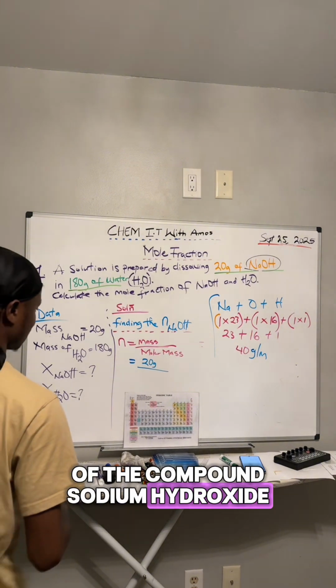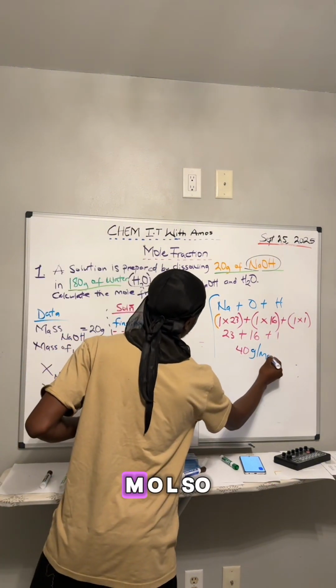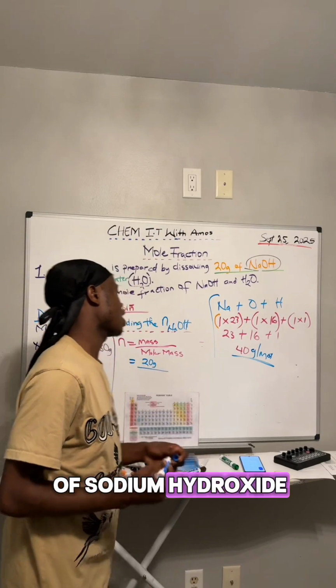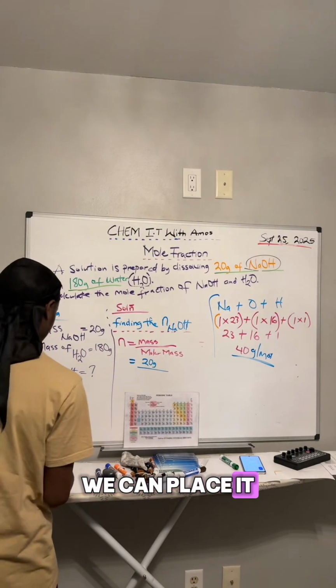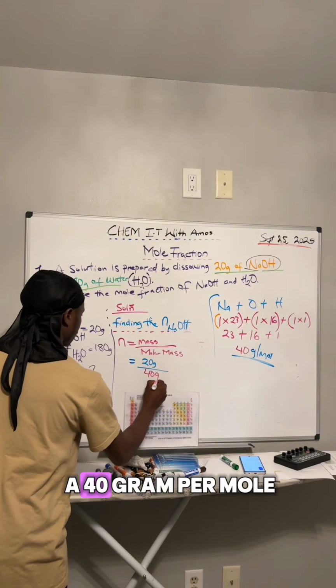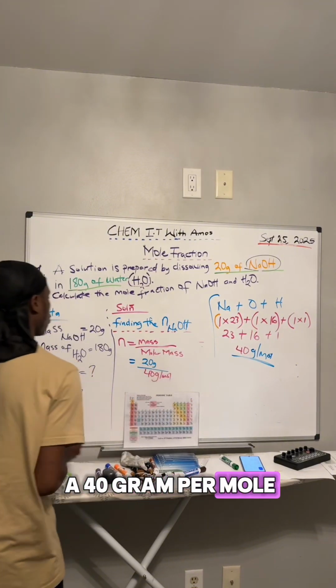Sodium hydroxide, NaOH. So now we have the molar mass of sodium hydroxide, and we can place it here: 40 gram per mole.